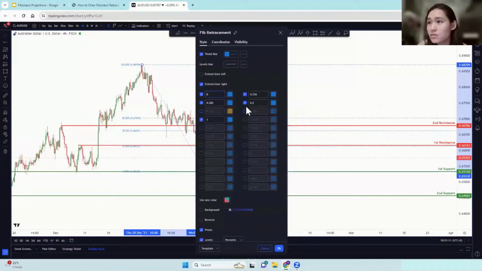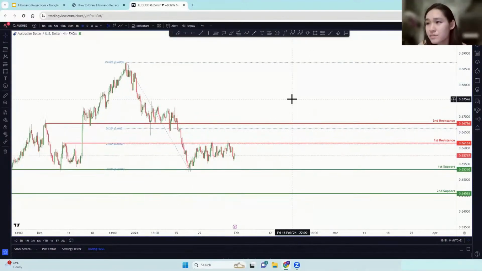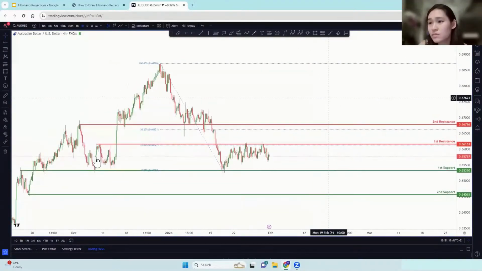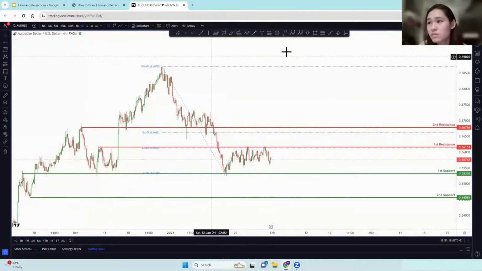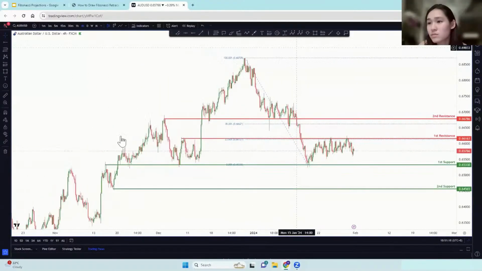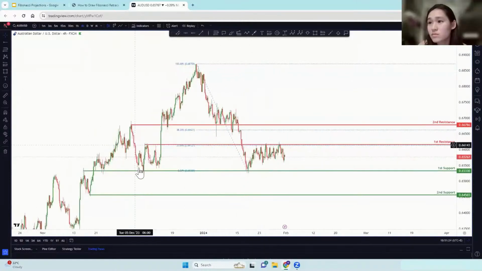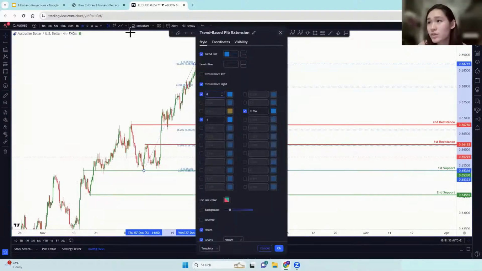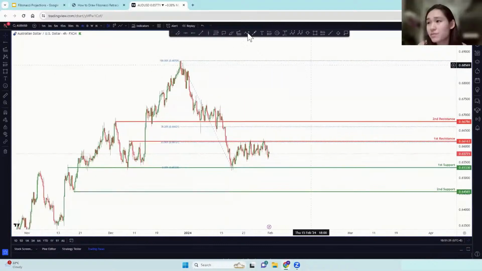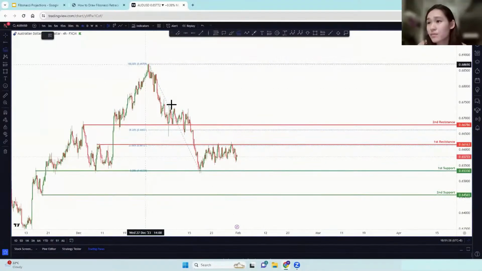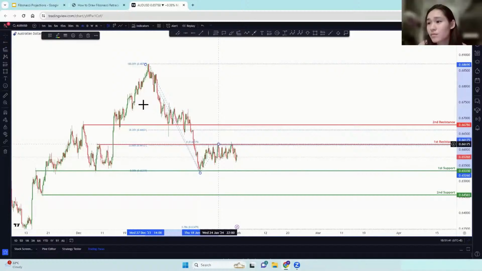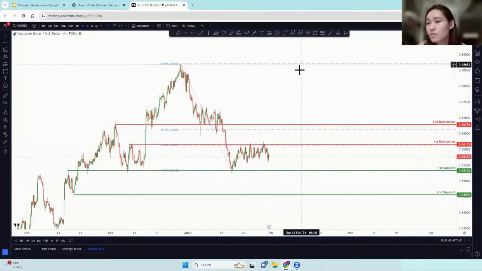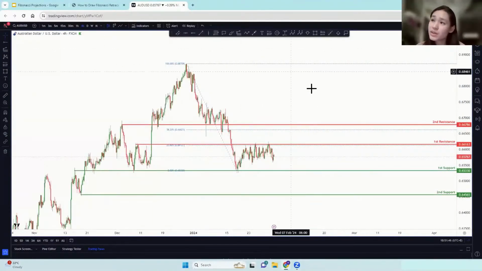Okay, we don't have any projections. I think that's all the levels that we have.